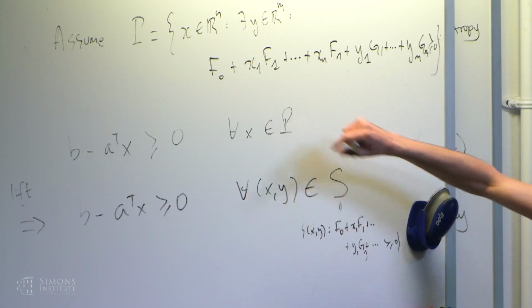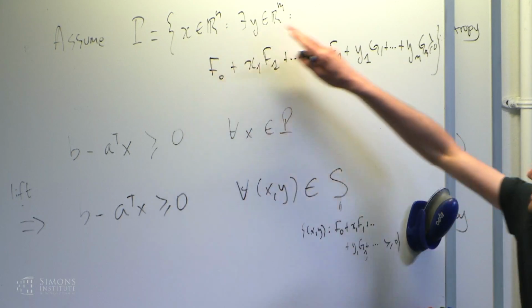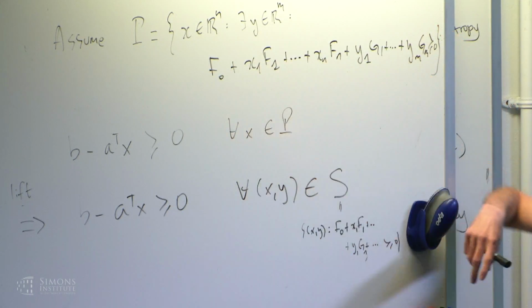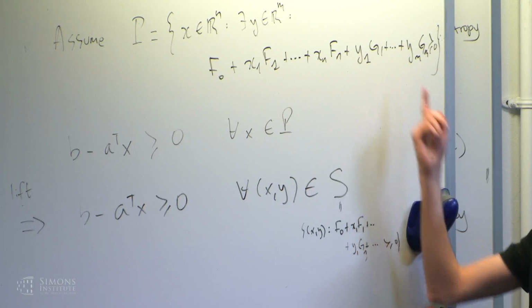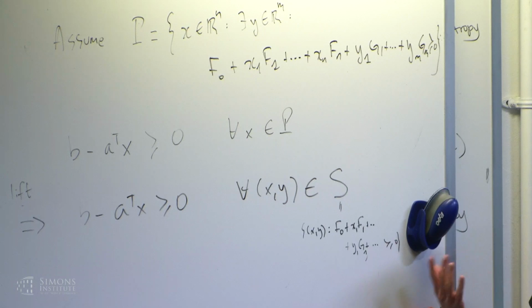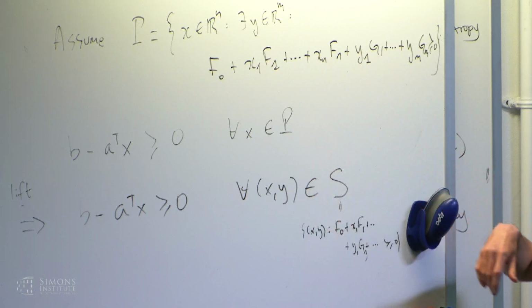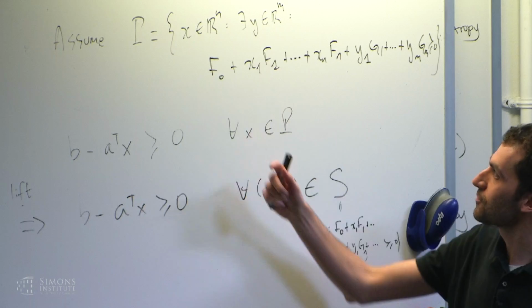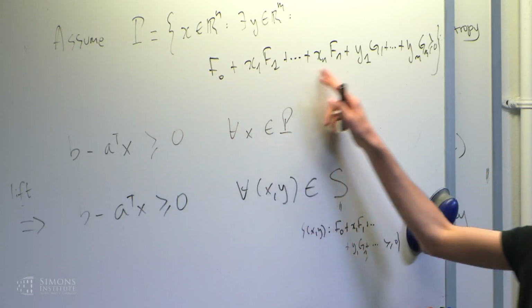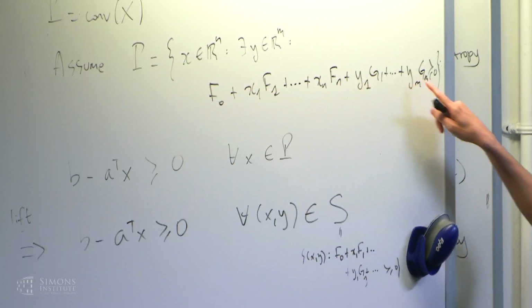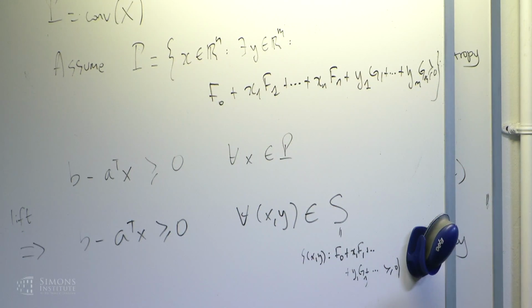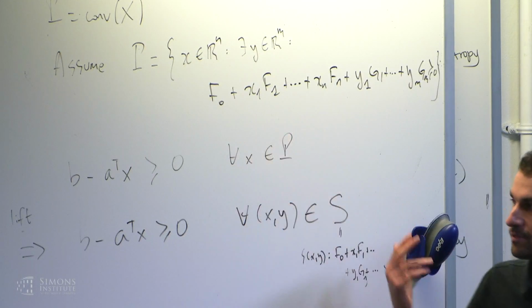If you look at the set of X, Y that satisfy this PSD constraint, you can think of what valid inequalities you can generate from it. One way to generate such inequalities is to pick any PSD matrix, call it B, say, and hit this matrix with it. So you look at the inner product of B with this, and this will always be non-negative on the spectrahedron. And what Farkas lemma tells you is that this is everything that you can get: any valid inequality on this has to be of this form.